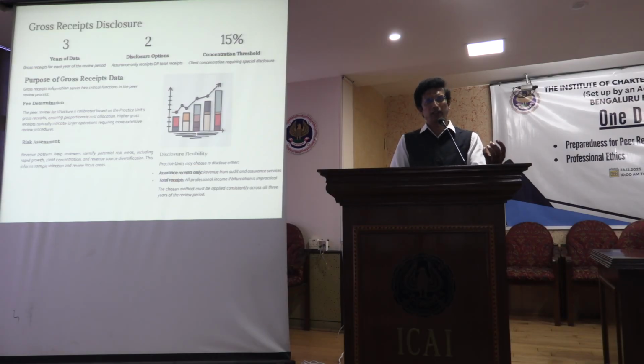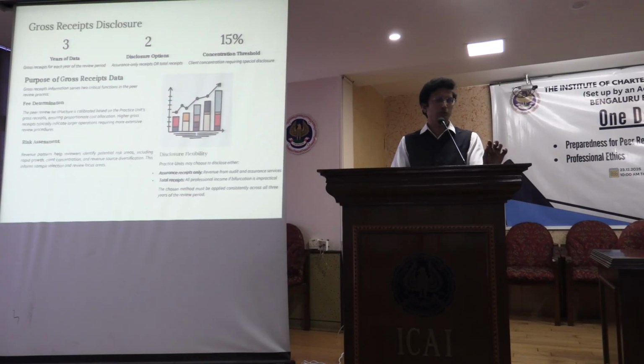Preferably give the entire gross receipts from audit and other services. The reason is that, one, it will give completeness from the PU side. Second, when they cross-verify with the UDIN data, they can easily make out what the service data is, because some of the work you do has no requirement of UDIN, but you will be doing an advisory role. Always suggested, give that data.